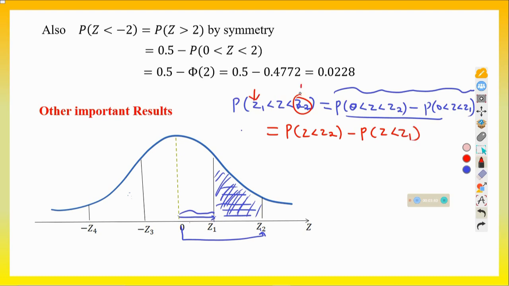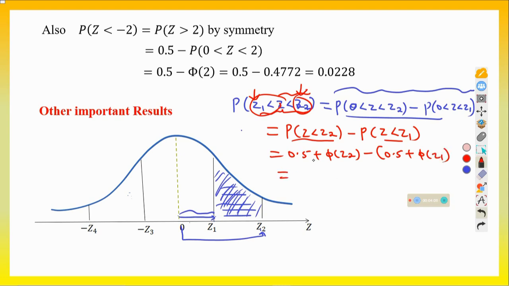So you get the value of the probability of z less than the value in this position, then subtract the value for this. And this will be the same as we have seen. If you are dealing with less than, it is the same as 0.5 plus the table reading of z2. This one here, this is minus, this is also less than, so it is 0.5 plus the table reading of z1.